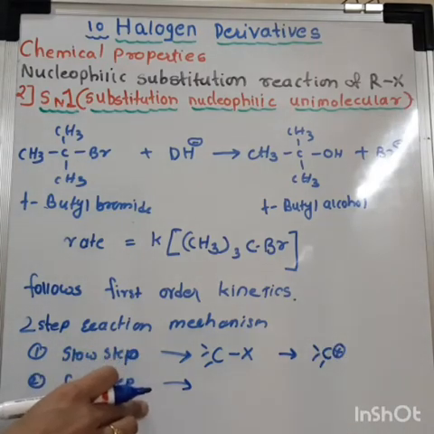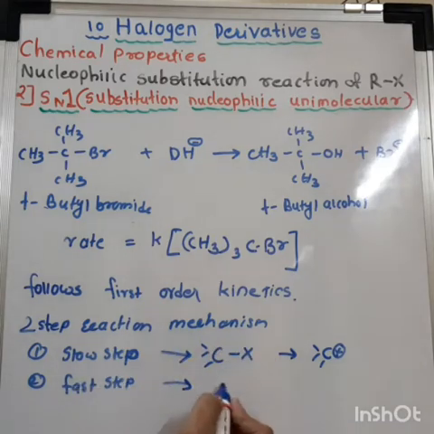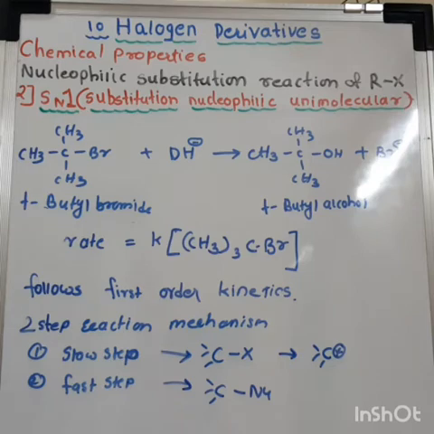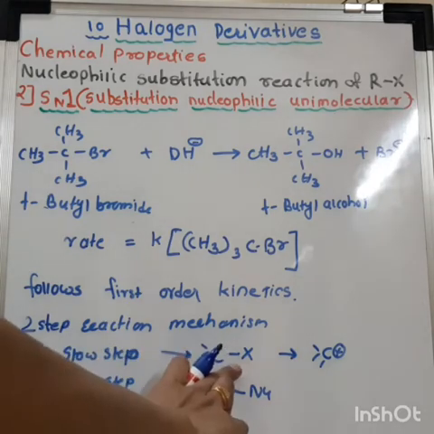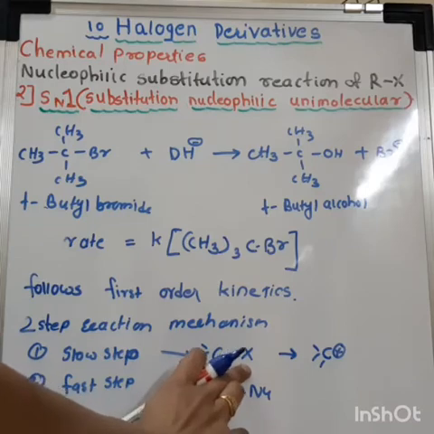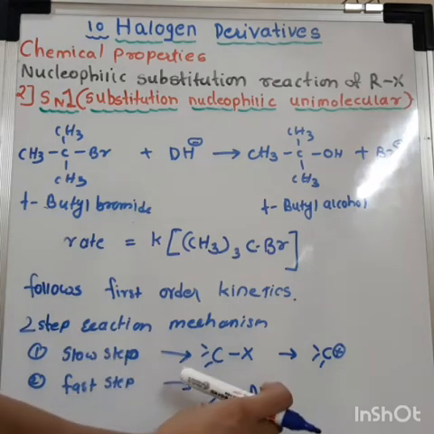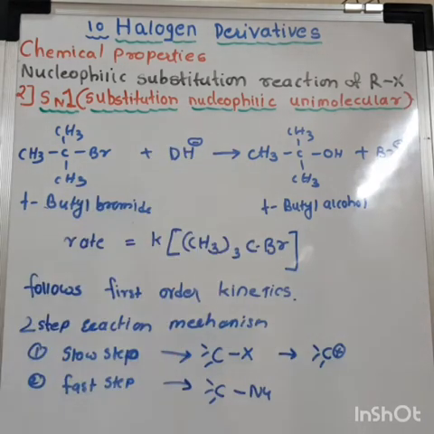Then in the second, fast step, the carbon and nucleophile bond is formed. So the SN1 reaction undergoes two steps: first a slow step, second a fast step. In the slow step, bond breaking of the C-X bond takes place, and in the fast step, bond formation between carbon and the nucleophile takes place.